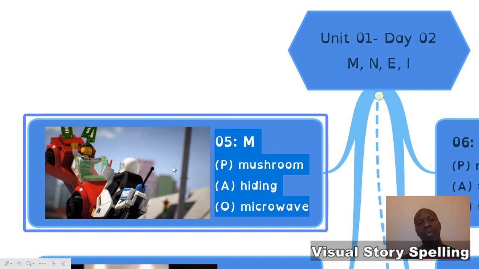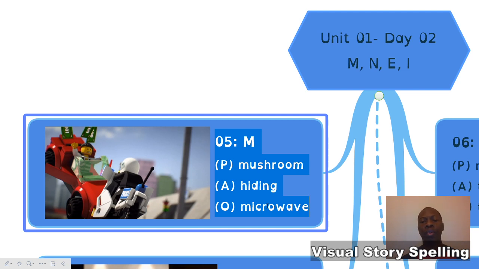This is the fifth image, the fifth character, which is M, and I've encoded it using the person, action, and object. So I've got mushroom hiding microwave.